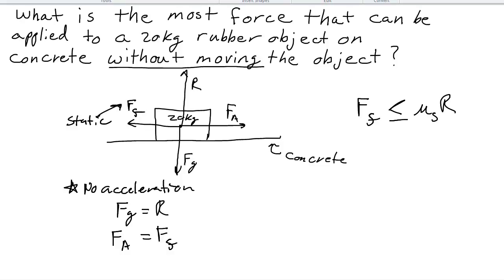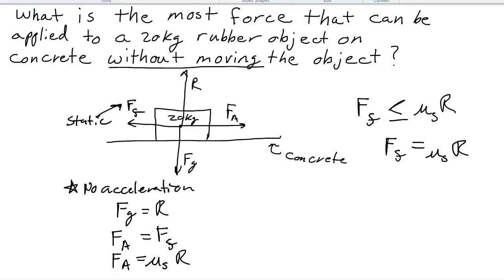But in this case, it's the most force that you could have, so it's going to be equal to the reaction force times the coefficient of friction. So I can do some substitution. My force applied is equal to my force of friction, which is equal to my coefficient of static friction times the reaction force.